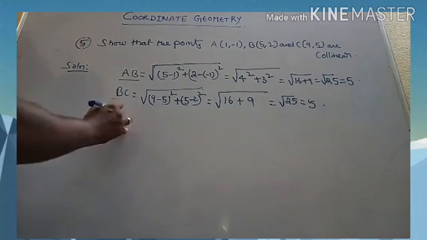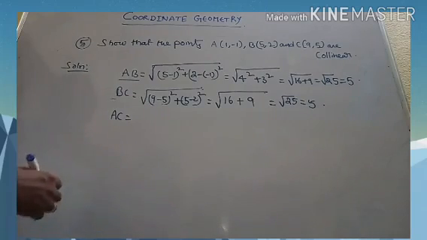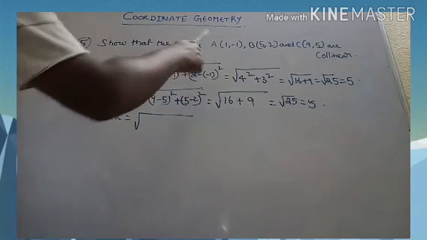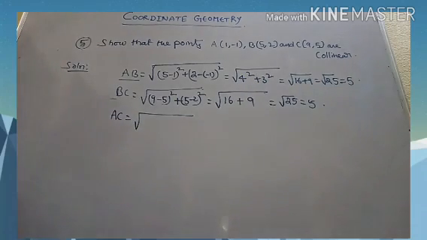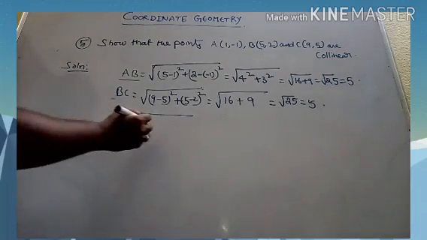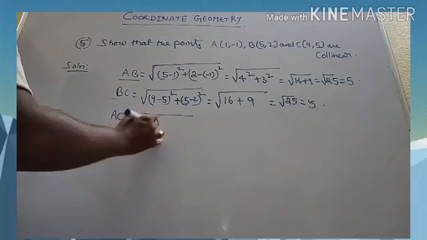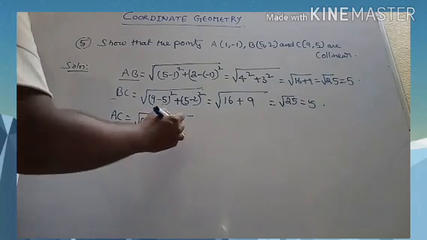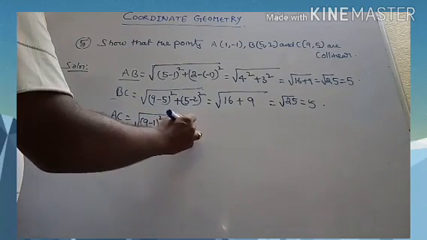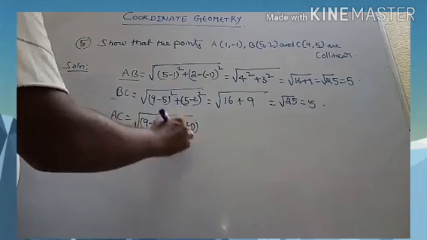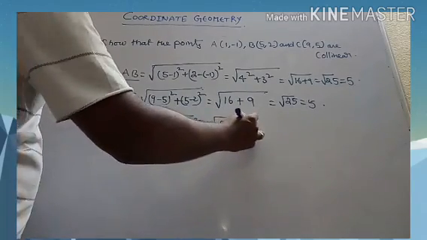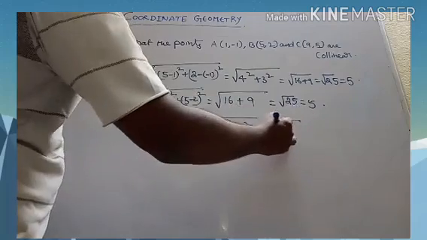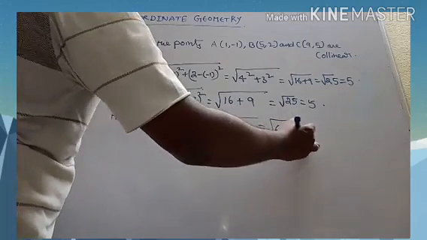Let us find the distance between A and C. That is 9 minus 1 whole square plus 5 minus of minus 1 whole square. This is 8 square plus 6 square, that is 64 plus 36, that is root 100, that equals 10. You have got it as 10.